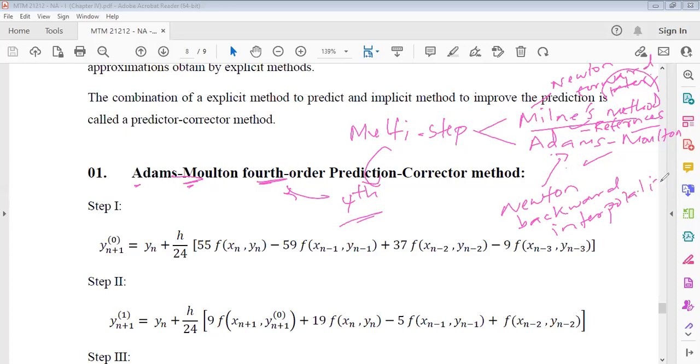I'm not going to spend time on this because we already studied it very well. The only thing you have to know is that Adams-Moulton has the idea of Newton's backward interpolation, and Milne's method has the form of Newton's forward method. Earlier, when we were doing it, forward was easier than backward, no? So I hope Milne's is very easy for you. The only thing is you have to find what the equation of that is.